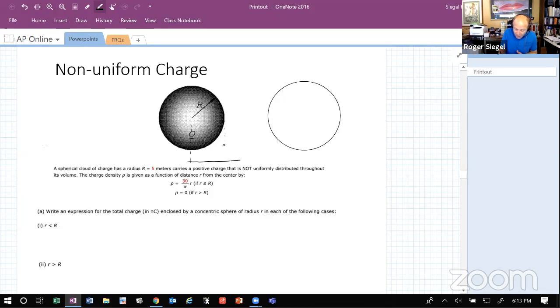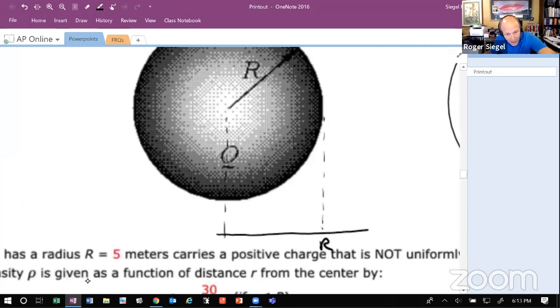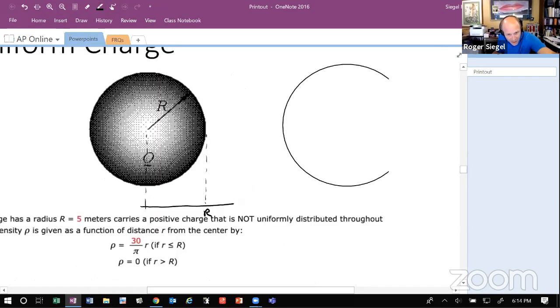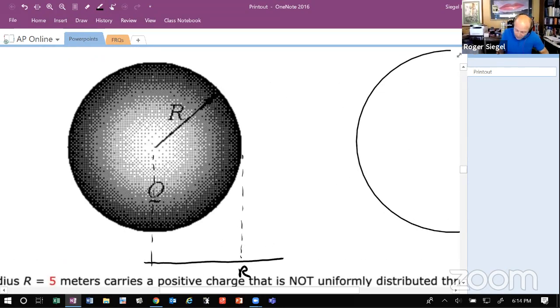And so out here we have big R. And I'll go ahead and zoom in a little bit so we can get this kind of big. All right, so now what are we saying about the density here? Well, you can see that the density is 30 pi over r. So let me go ahead and write that there. Density is 30 pi over r.